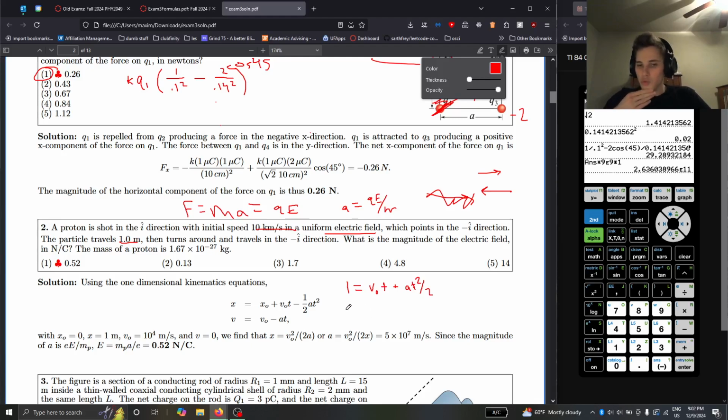We don't have acceleration here, and we don't have time. Let's look at the velocity equation, see if that helps us. Velocity at any time, which will be 0 at our point of interest because it's turning around, is equal to the starting velocity plus a t.